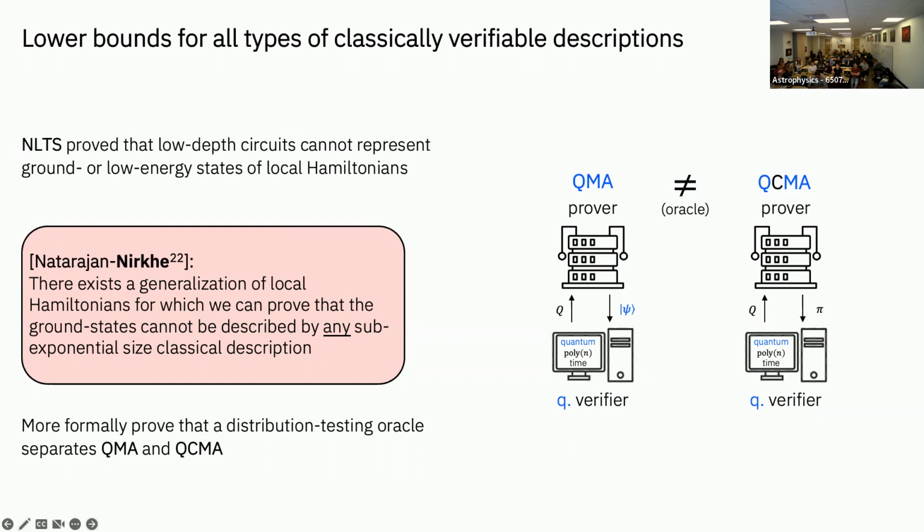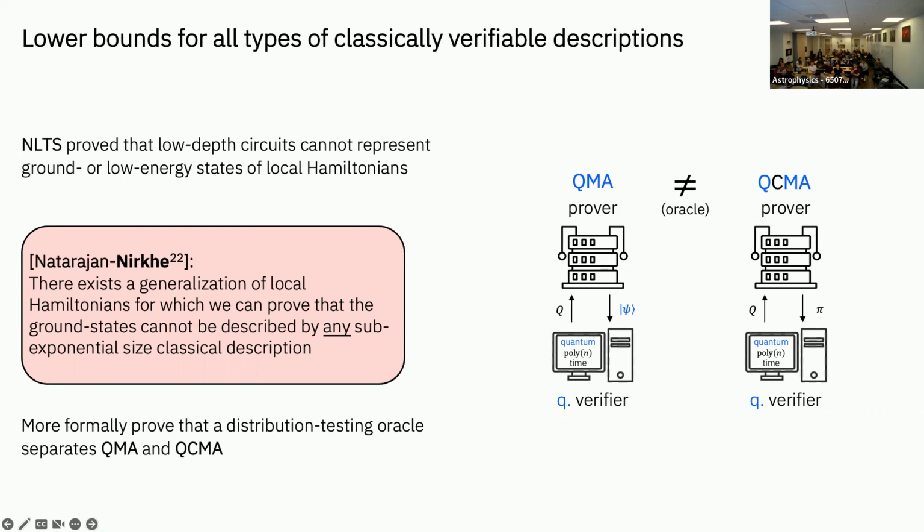The question is, how far from reality did you stretch the question until you were actually able to prove it? So what we show is that there's a distribution testing problem. That's the setting where the prover and verifier both get access to a distribution. They want to learn some properties of the distribution. And the prover is able to convince the verifier of a property of the distribution when communicating quantumly, which he isn't able to do classically.